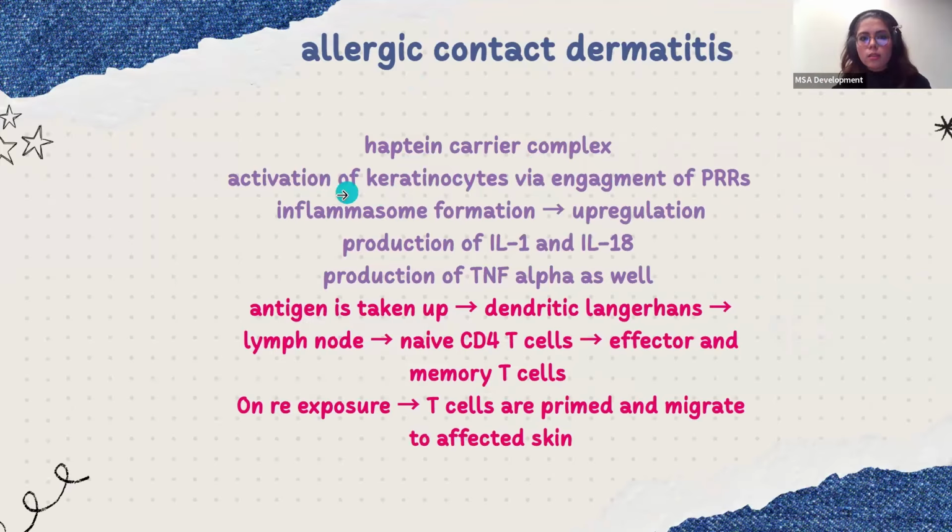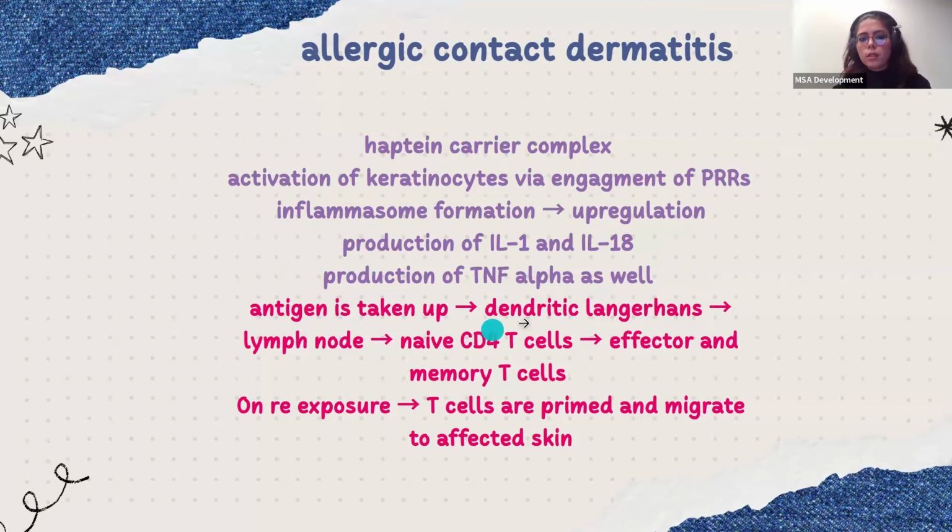Hapten carrier complex, activation of keratinocytes via engagement of PRRs, inflammasome formation, upregulation and production of interleukin-1 and interleukin-18, and production of tumor necrosis factor alpha as well. Again, the whole nail polish example that I was talking about earlier, this is its pathway.